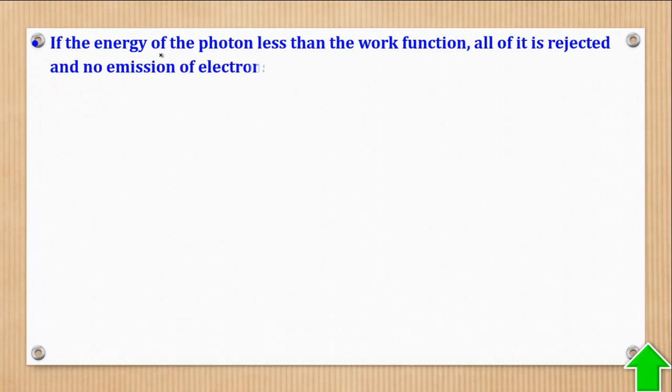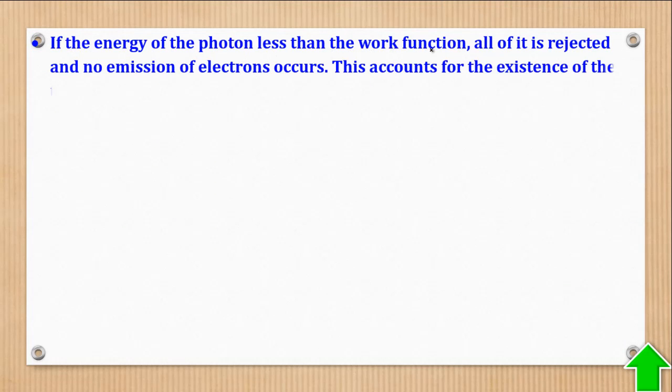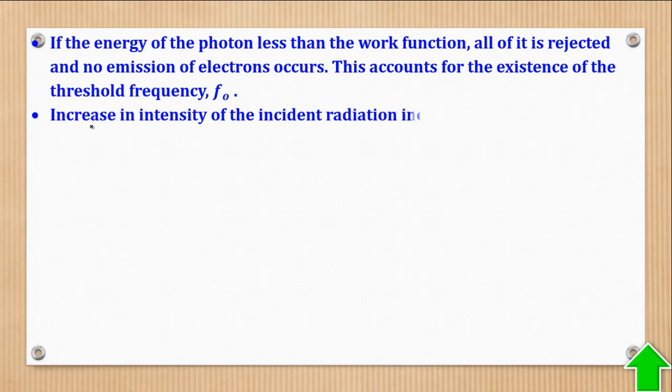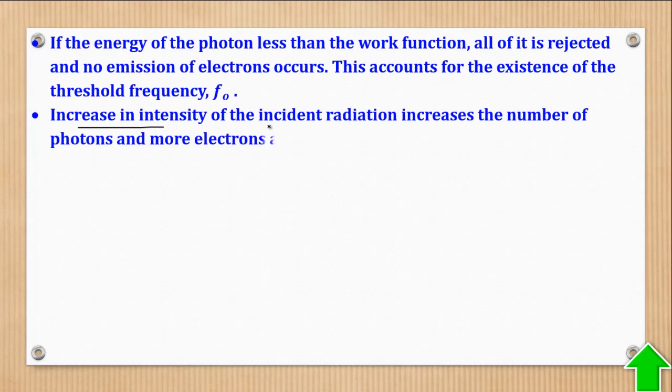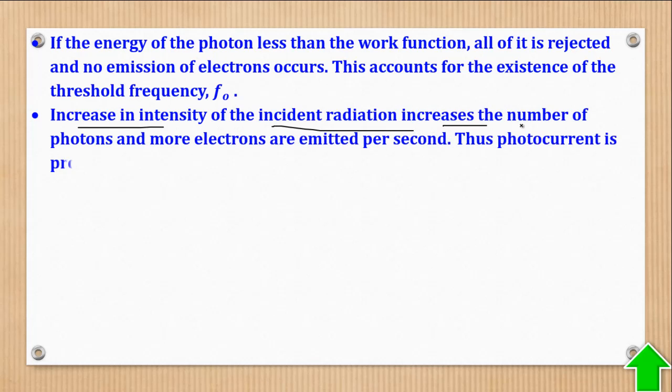However, if the energy of the photon is less than the work function, all of it is rejected and no emission of electrons occurs. So this accounts for the existence of the threshold frequency. Increasing the intensity of the incident radiation increases the number of photons and more electrons are emitted per second.